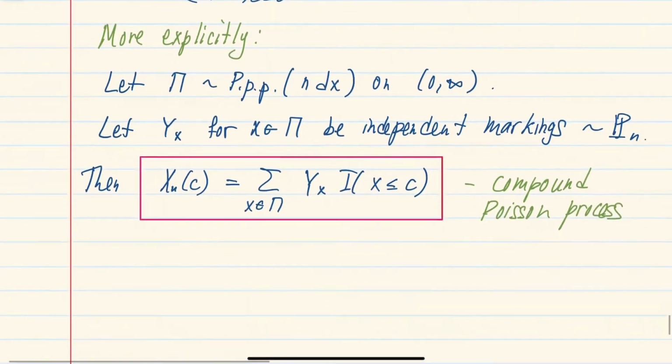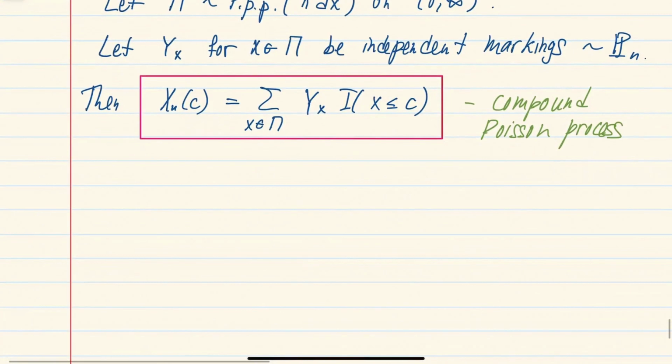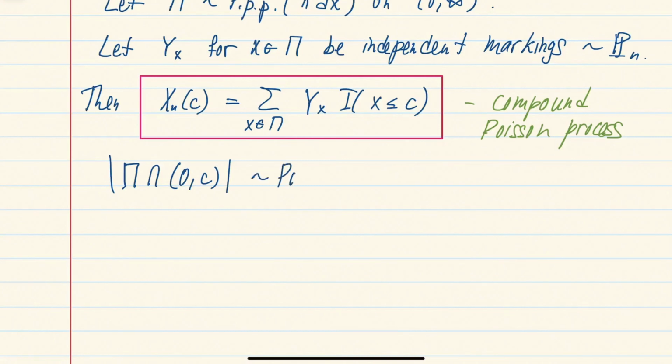And of course, this is almost obvious because in this definition of a compound Poisson process, we are summing IID random variables. And we know by definition of a Poisson process that when you take a part of the Poisson process on any interval, let's say on interval 0c, its cardinality will be Poisson with the mean given by the mean measure of this interval, and with our choice of mean measure, this is just nc.